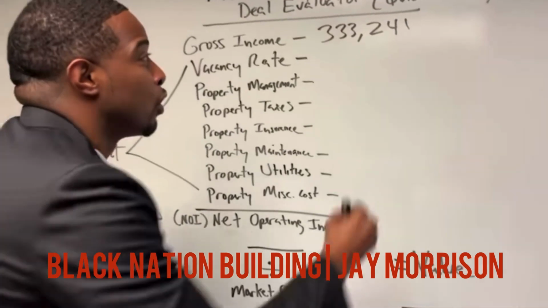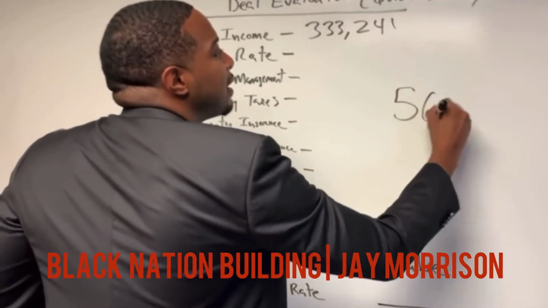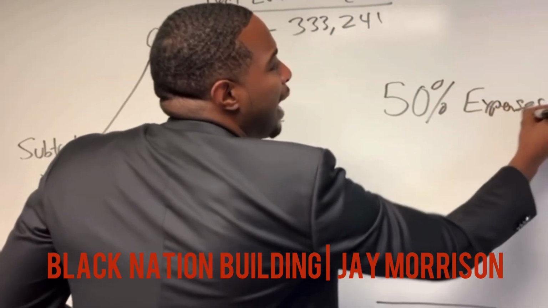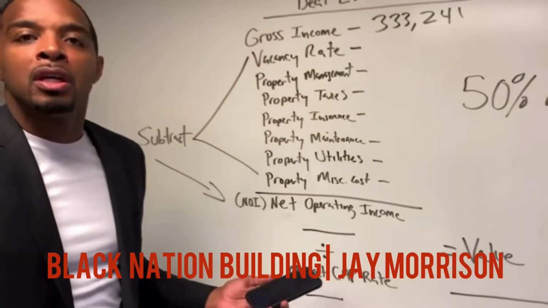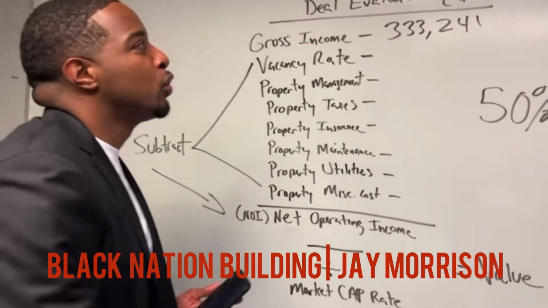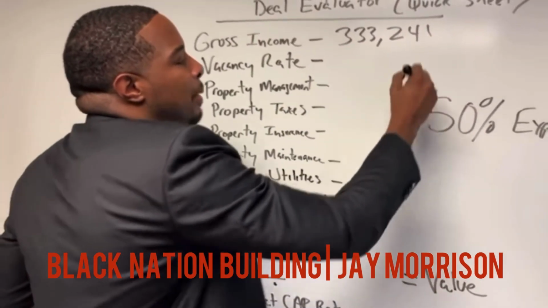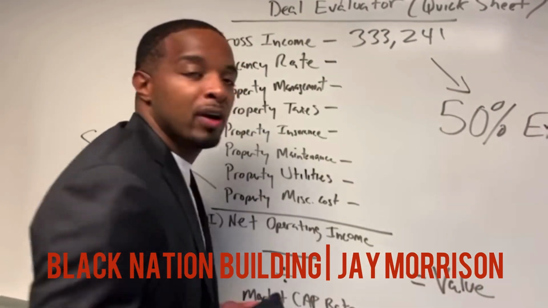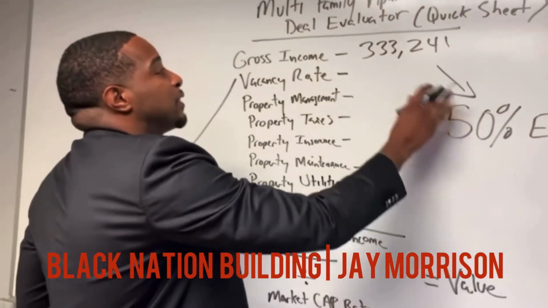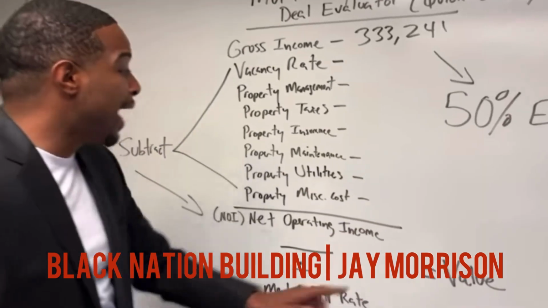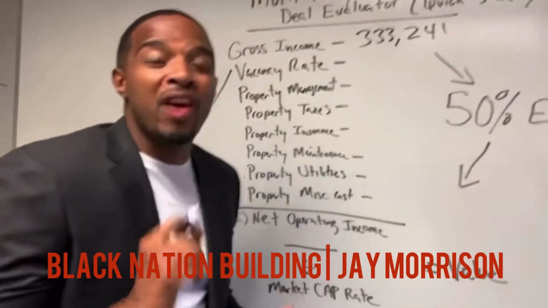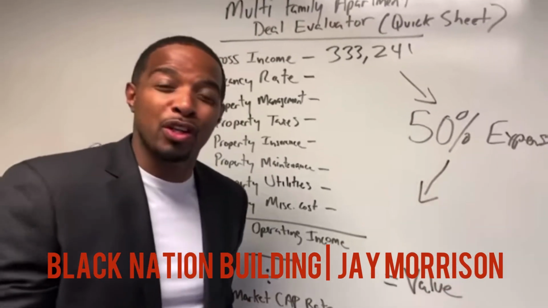You take 50% as an overall estimate of expenses. If you don't have all the accurate expenses and you want to get through a deal fast to see if it's even worth your time, you can just take the gross income, take 50% of that, times 0.5 or divide it by 2, and use that as your net operating income. This is just a quick way to evaluate apartment buildings that no one's ever taught you in your life.